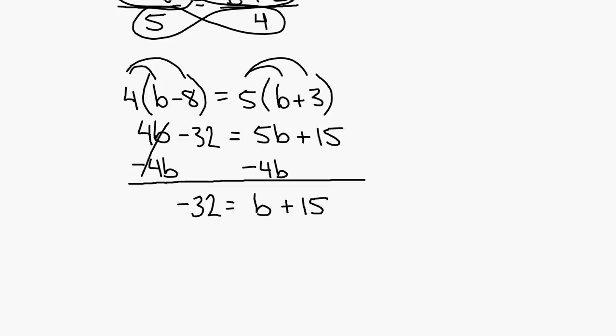And then you can subtract 15 from each side. And negative 32, or in your calculator, that's 32 negative minus 15. So negative 47 is equal to b.